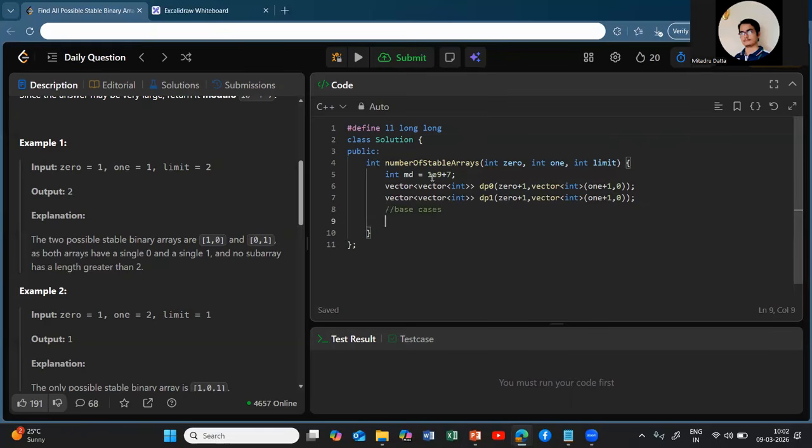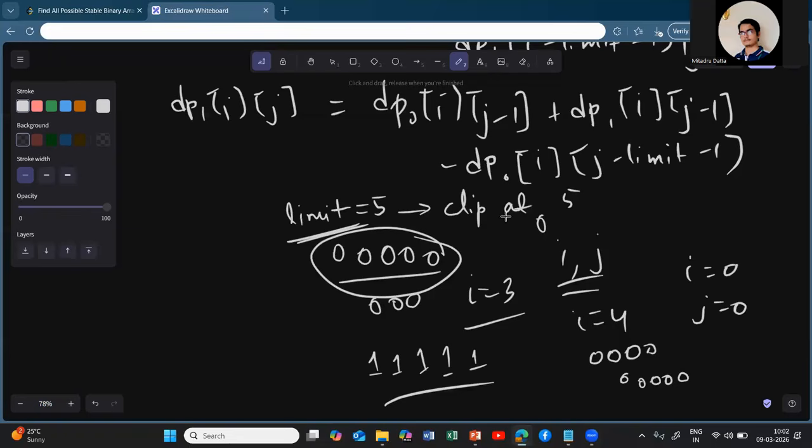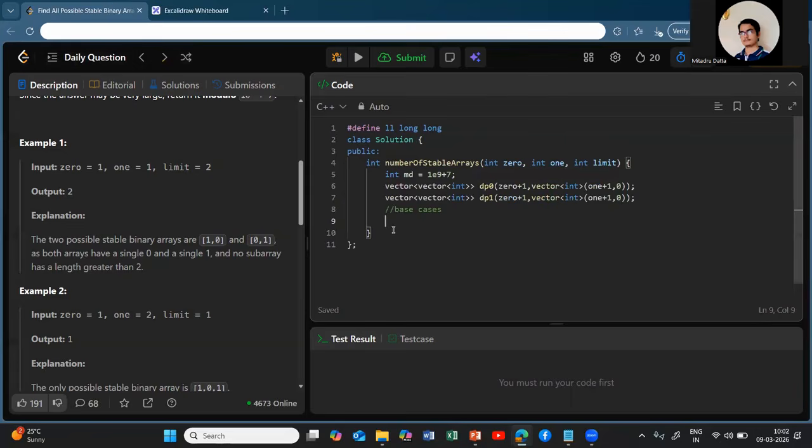As I told you, you need to clip the value at limit. So if i is 0 or j is 0, you need to fill the base cases. Let's calculate here for j equals 0.